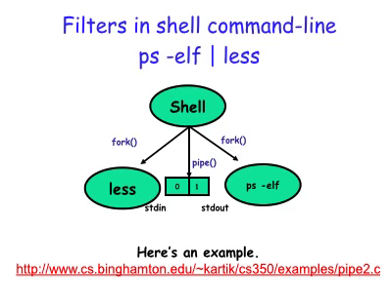Since exec retains open file descriptors, the pipe descriptors remain open in the exec'd process images. The ps process then writes to the pipe using fd1 and the less process reads from the pipe using fd0.